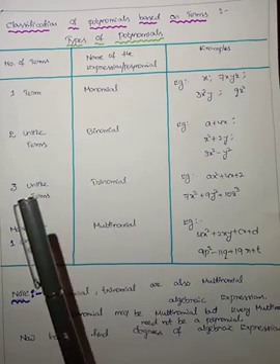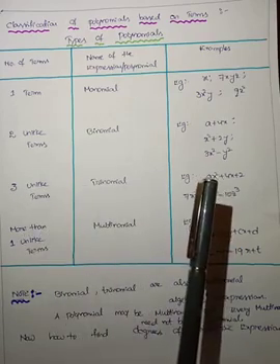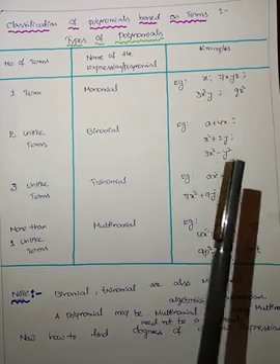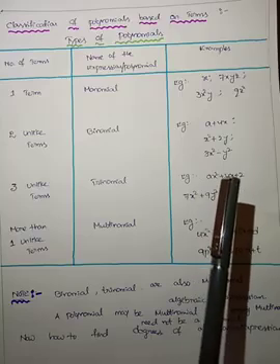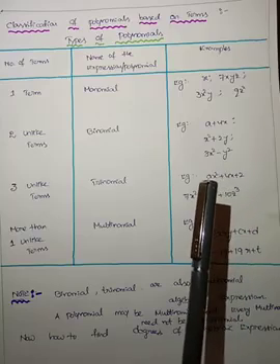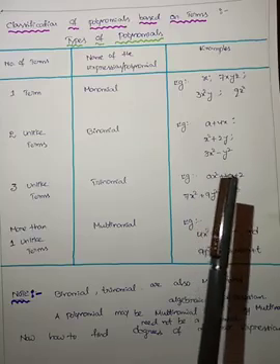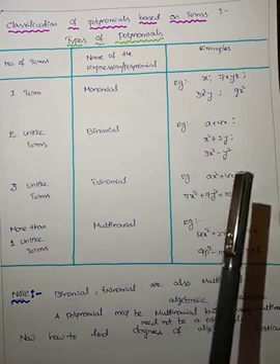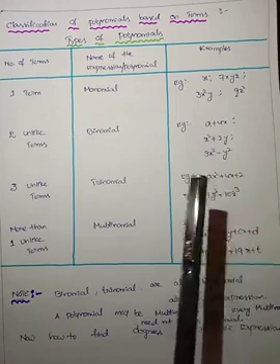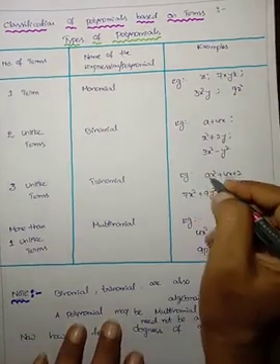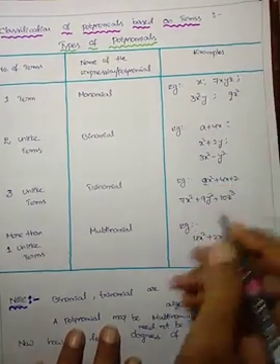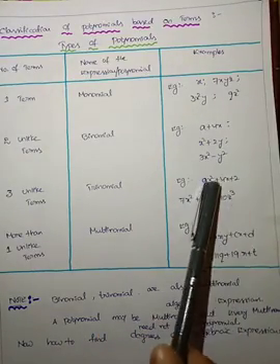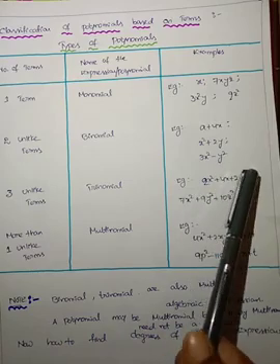When the polynomial has three unlike terms, for example ax square plus 4x plus 2, how many terms here? Three terms. Taking 2x square plus 4x plus 2: 2x square is one term, 4x is one term, 2 is one term.